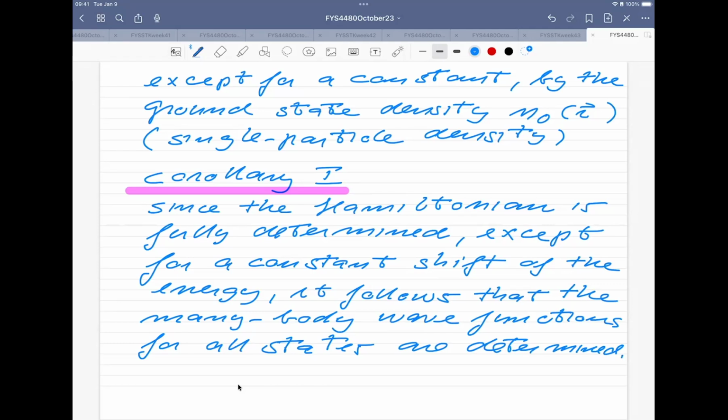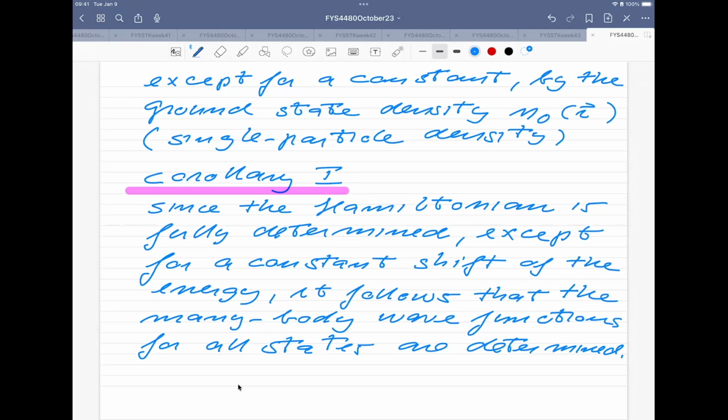This is very important because if you have the wave function, you can calculate any expectation value. You can look at transition probabilities. If you're looking at decays, excited states which decay to a lower lying state or to the ground state, you can calculate the transition probabilities.